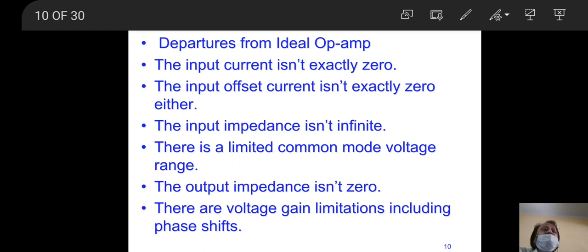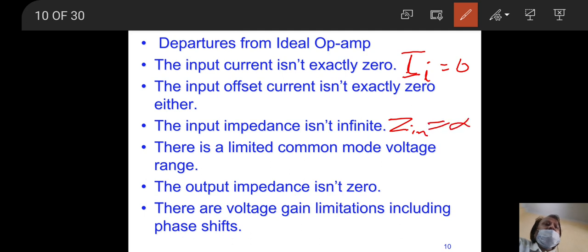Infinite means, so what you can write, the input current I equal to 0, and the impedance Zin is equal to infinite. There are limited common-mode voltage ranges.